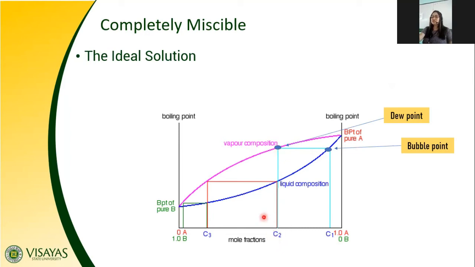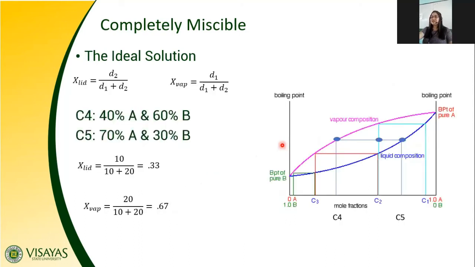We call this the dew point. From the word itself, dew is like morning moisture. So this is the dew point, and this is how you interpret the binary phase diagram.